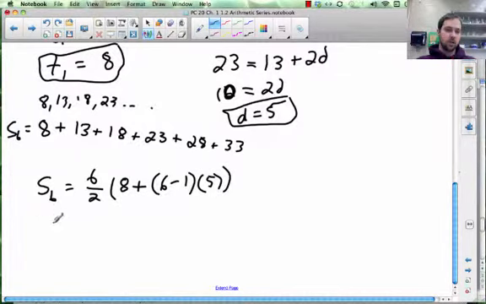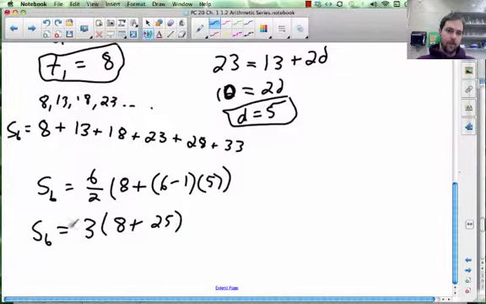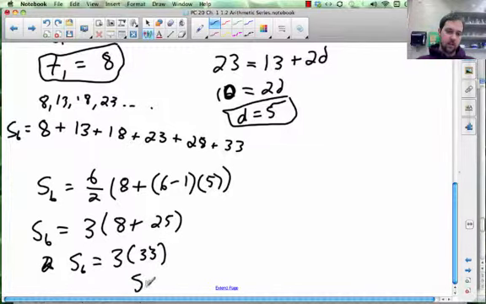And again, you can go back and check that this formula is correct. 6 divided by 2 is 3. 8 right here. 6 minus 1 is 5. 5 times 5 is 25. There you go. So S sub 6 equals 3 times 33. And S sub 6, the sum of the first 6 terms, is 99.